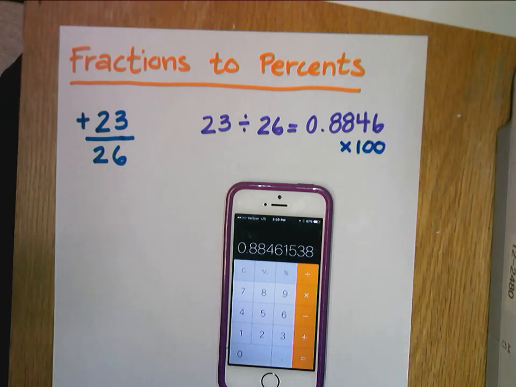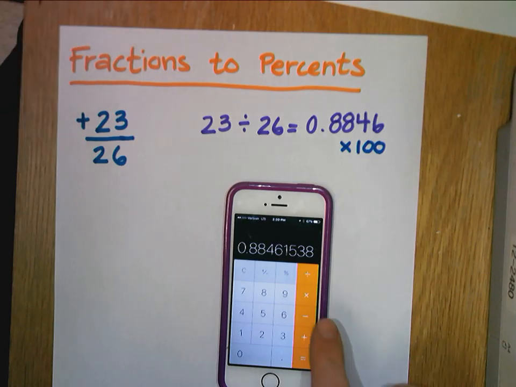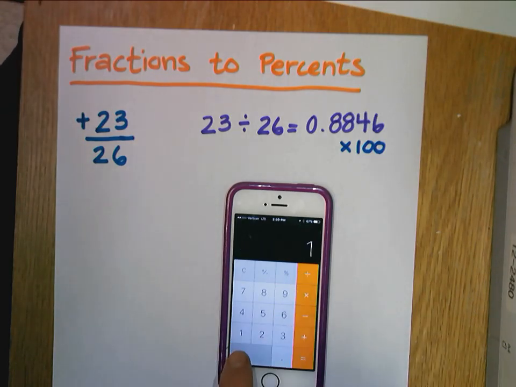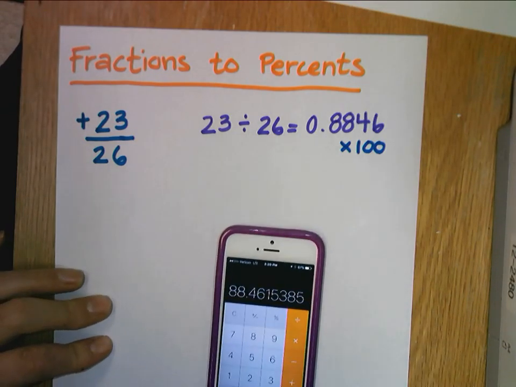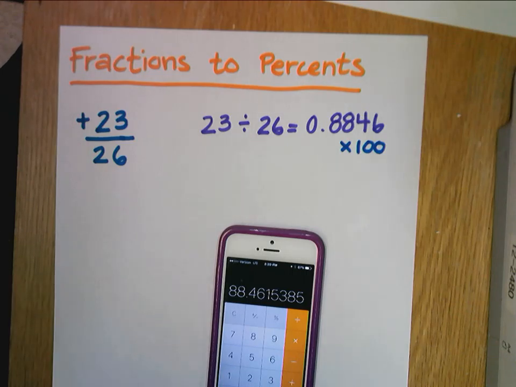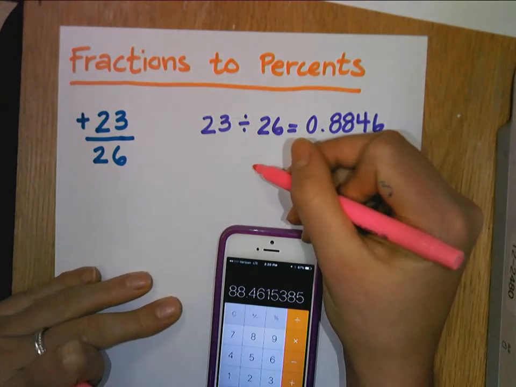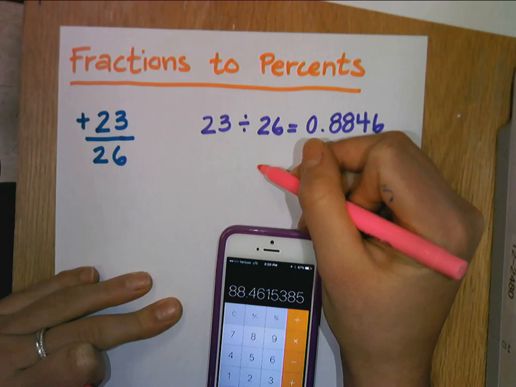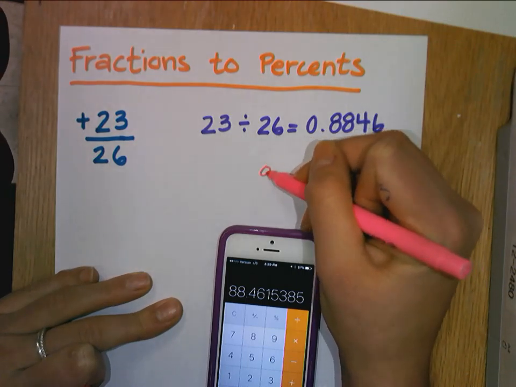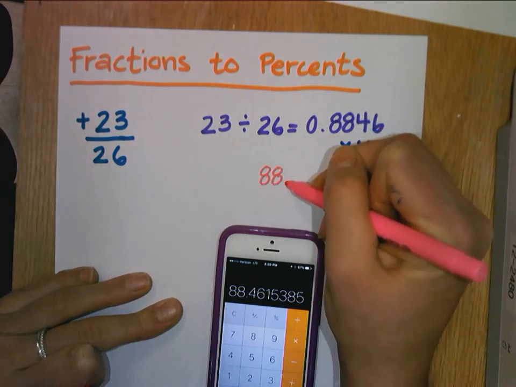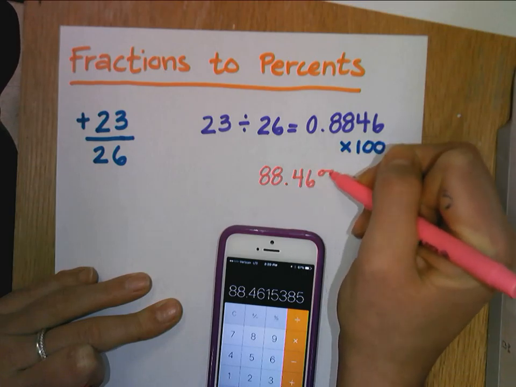And when you do that, your decimal place is going to move over 2 places to the right. And after multiplying by 100, we find that the percentage of a 23 out of 26 would be 88.46%.